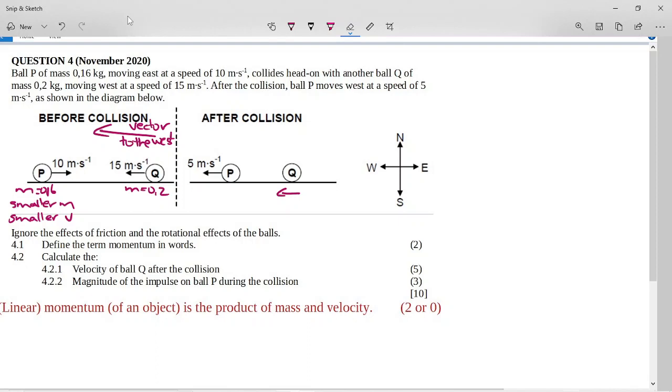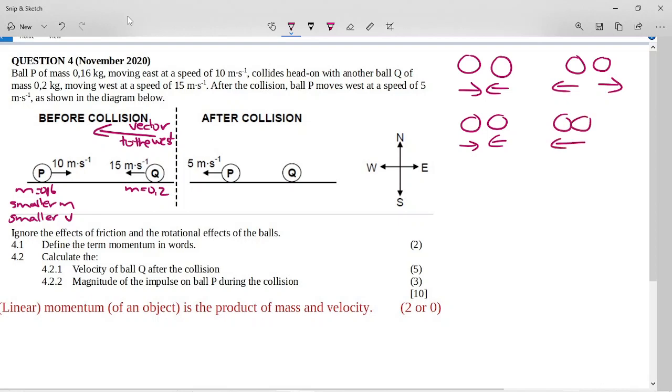Remember that if you have two objects that bang into each other like this, you can end up with them moving outwards, or both of them moving off in the same direction, either separately with different velocities or together as one object. Or in some instances, if the momentum vectors are paired, they will just come together and not move at all.